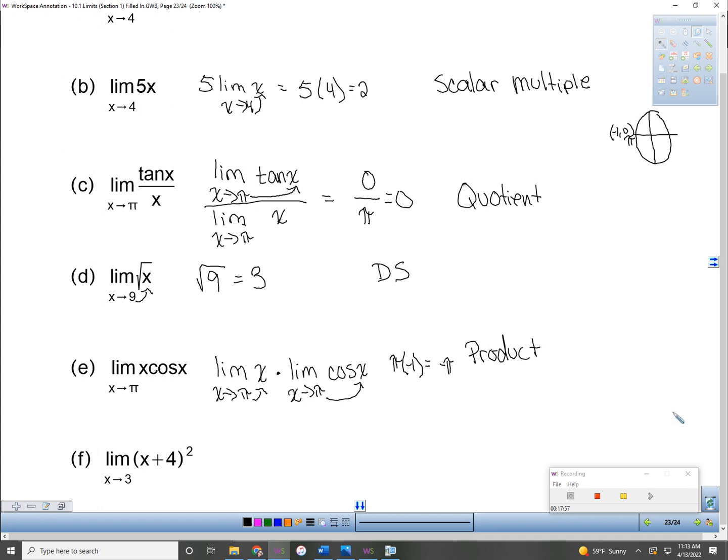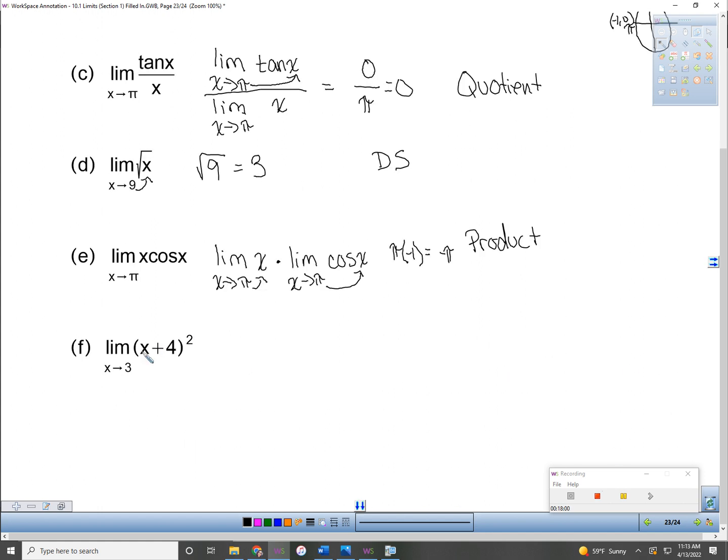so I get negative pi as my limit. All right, and for this last one, we have a sum inside and then being squared. So all you have to do is take the limit of the first one plus the limit of the second one and then square your resulting answer. So if I take the limit as x approaches 3 of x, I will add that to the limit as x approaches 3 of 4, and then I will square that.